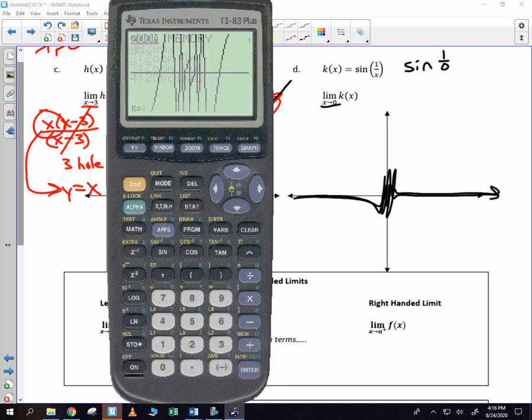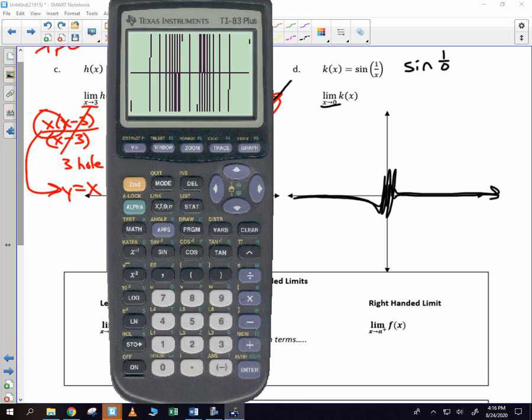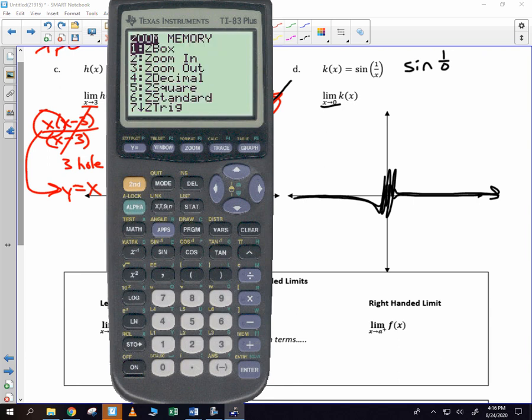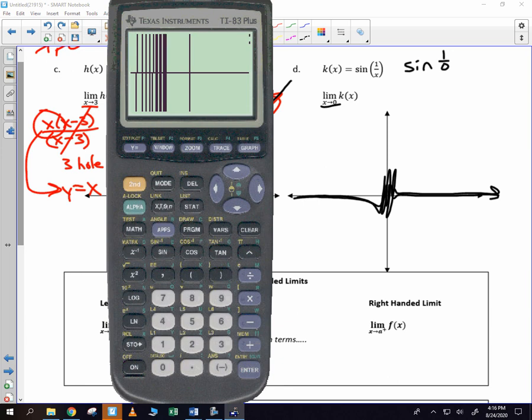Zoom number 2 again. Let's see if we can figure this out. Wow. As x goes to 0, are you clear what happens with the y value? I'm not. I'll zoom in again. Well, that's ridiculous.